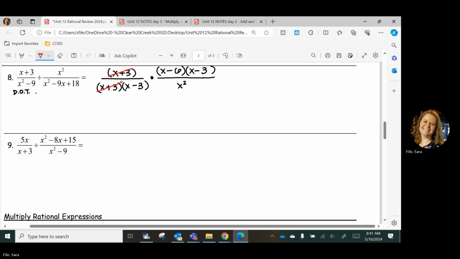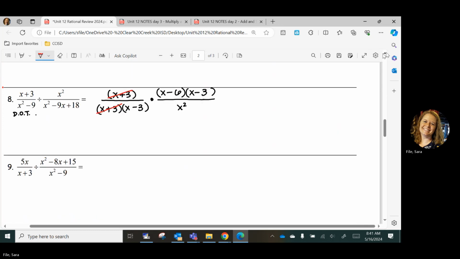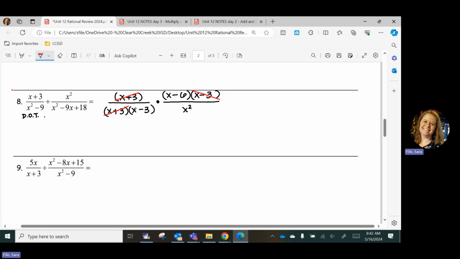Anything else? What about the x minus 3? Got an x minus 3 here and here. Numerator and denominator. That's what I mean when I say you can go across the fraction. When it's multiplication, that's fine. You can still reduce that.